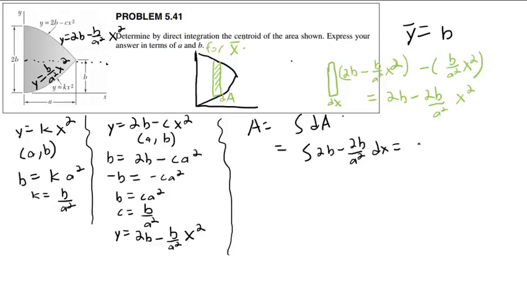So that's going to be the integral from 0 to a, which is going to be 2b, I don't have the x on here because I'm just getting the area, just the area. 1 minus 2b over a squared.